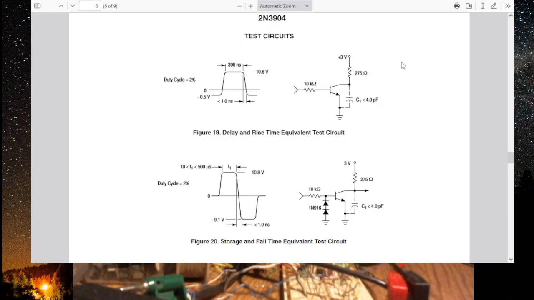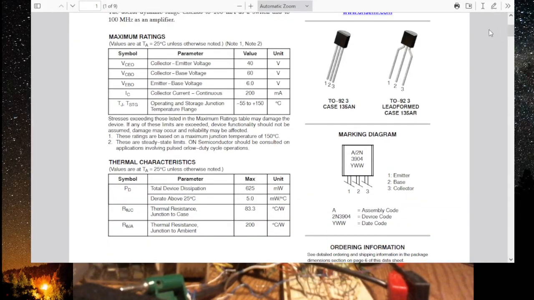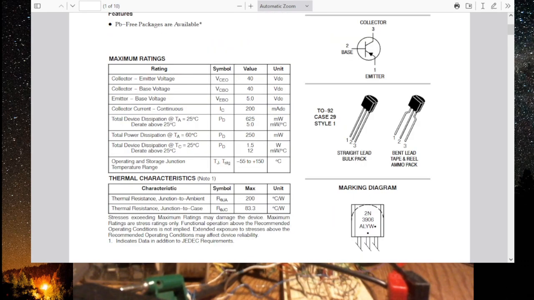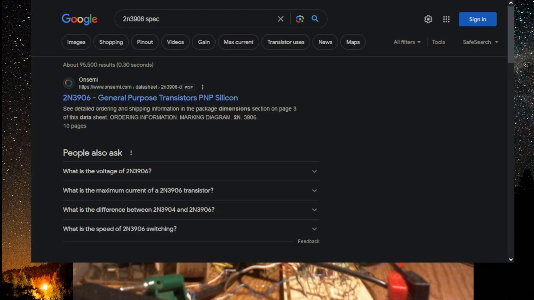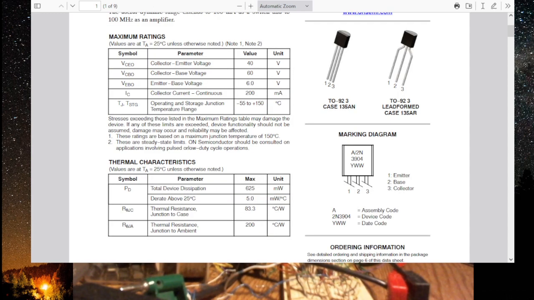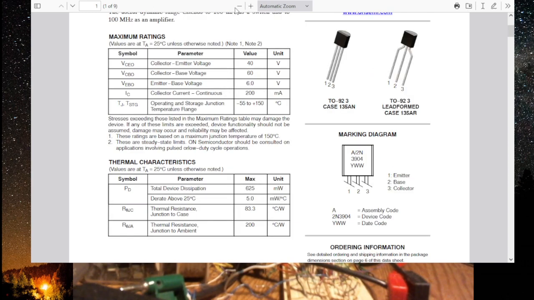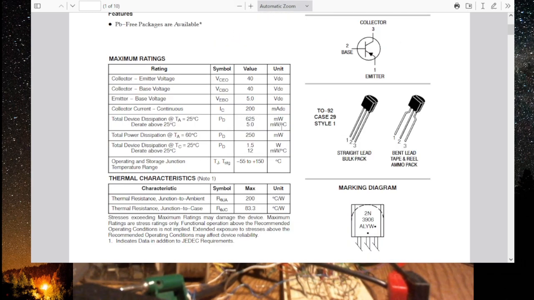Yeah. So anyway, I think what I got to do is look at the specs on this. This is a 3904, and that's a 3906. Collector emitter voltage 40, emitter base 40, 60, emitter base 65 volts, collector current 200 milliamps, same temperature range, wattage.